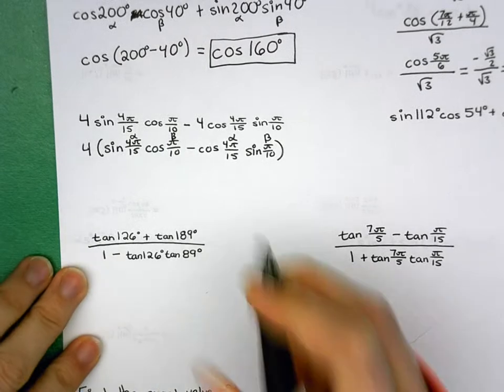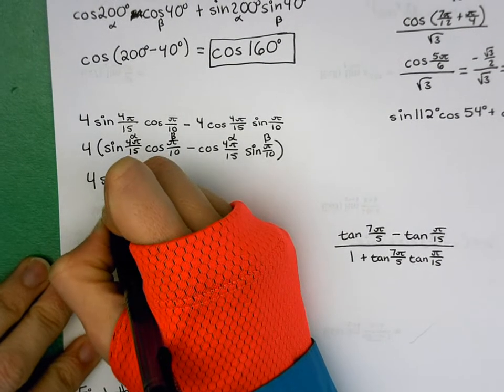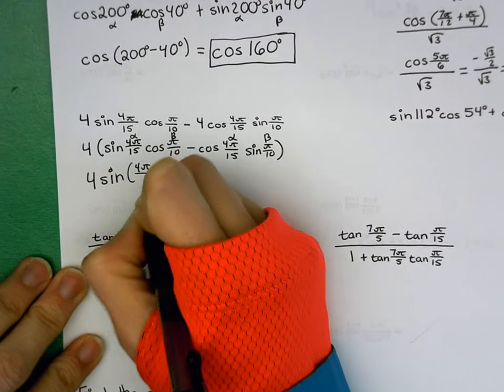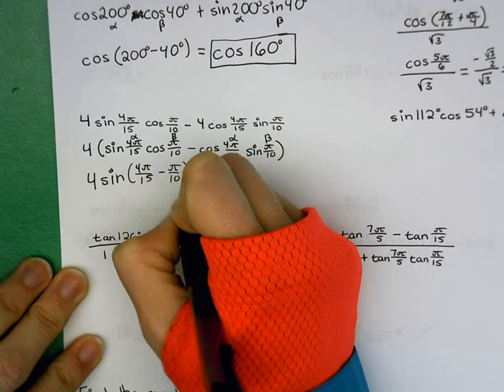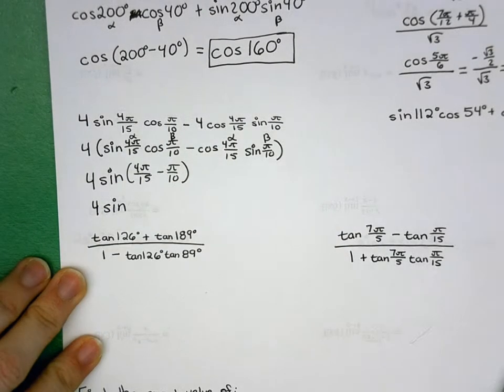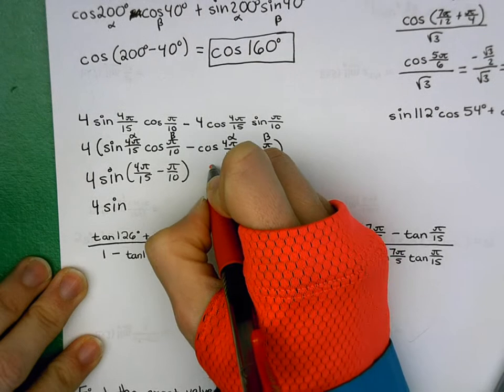Reversing our sine alpha minus beta, we would have sine of alpha, 4 pi over 15, minus beta, pi over 10, which does simplify like the previous problem if we find a common denominator. That would be a denominator of 30.